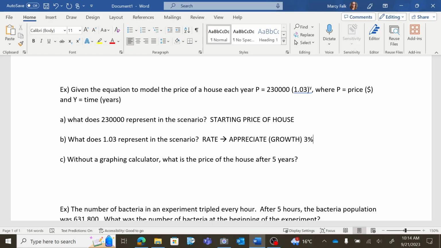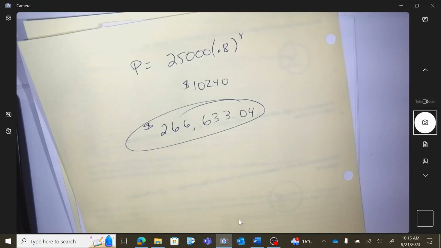Are you getting 266,633? Okay, so that's what I got. And this is a real life thing. This is exactly how you calculate, because houses usually appreciate, cars usually depreciate.